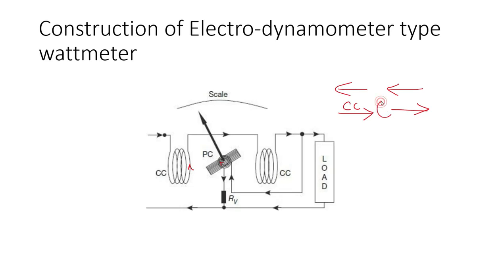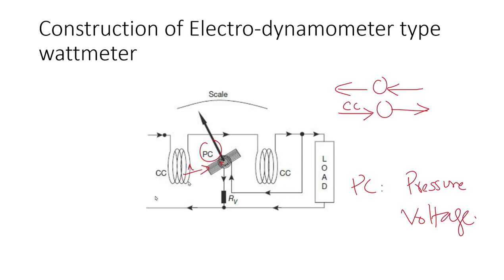Both will have the same effect. This is the theory of the electrodynamometer: we have a current coil and a pressure coil. PC means potential coil or pressure coil, because voltage acts as a pressure. So more voltage, more current would cause more reaction with it. The net effect would be multiplicative.